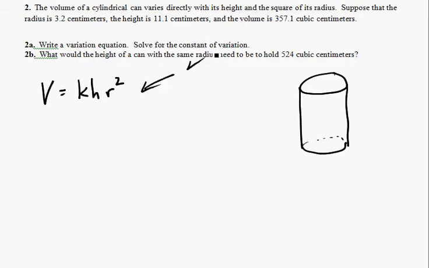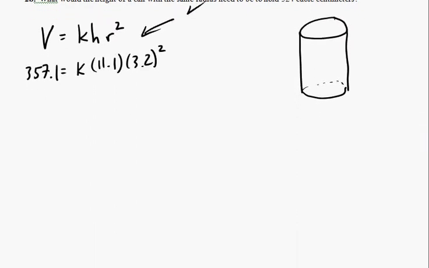Now it says to solve for the constant of variation. To do that, we need to use this information that the radius is 3.2 centimeters when the height is 11.1 centimeters and the volume is 357.1 cubic centimeters. So, let's solve for k. I'm just going to do some arithmetic on the right side.